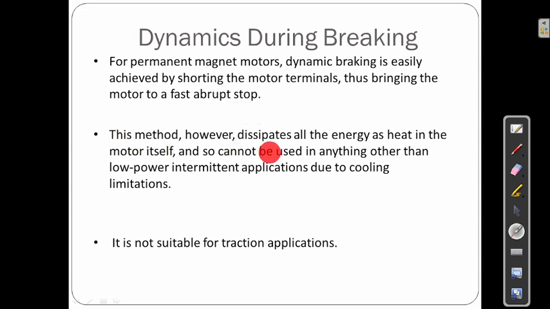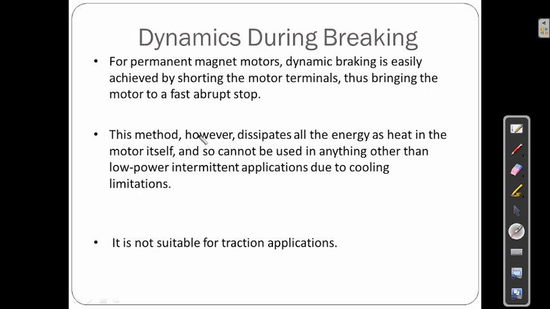This method, however, dissipates all the energy as heat in the motor itself, and so cannot be used in anything other than low power intermediate applications due to cooling limitations. It is not as suitable for transient applications either.